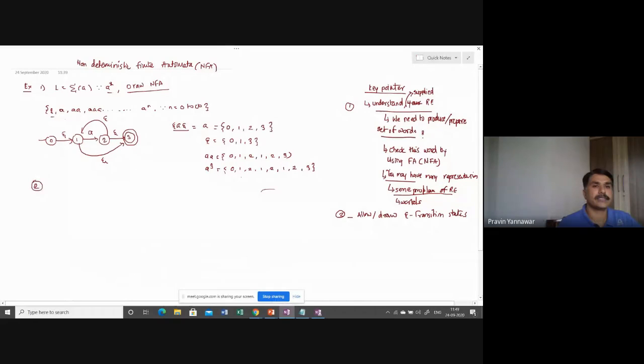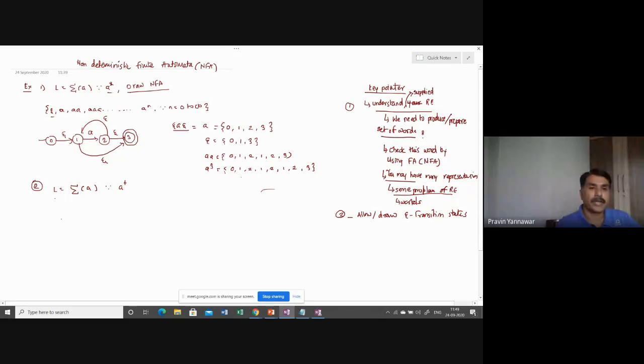So let's say this is 2. You have a language L which is based on set of alphabets sigma, such that it contains A only, and being defined by A plus. Now being defined by A plus, what is going to be the regular expression, the non-deterministic finite automata for this?